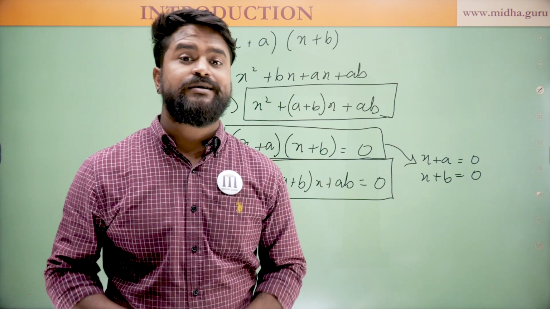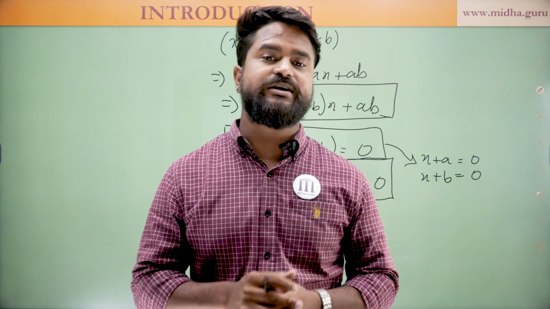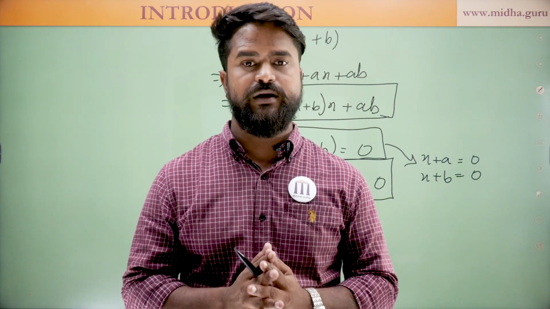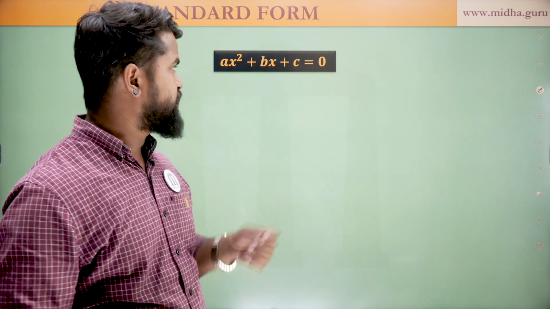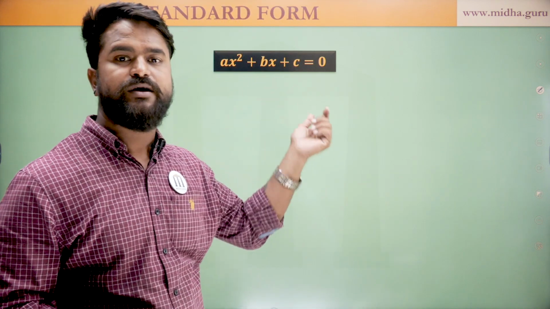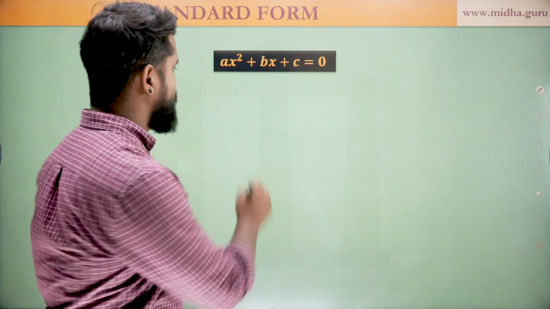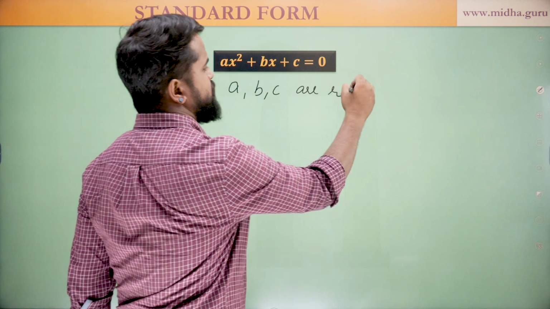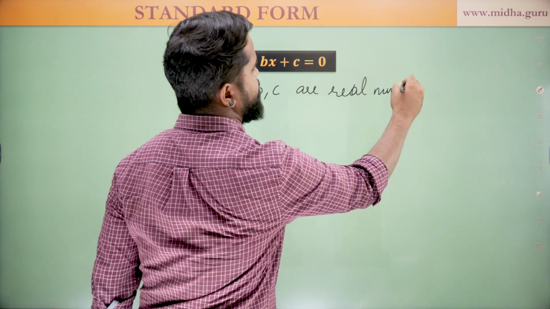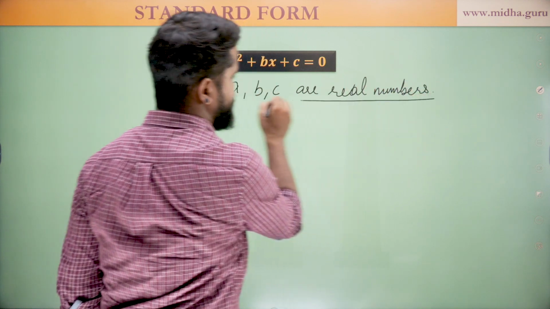Now we will move on to what actually a quadratic equation is, how it looks and what its standard form is. It looks very much like this equation on the board. It says ax squared + bx + c is equal to 0, where a, b and c are all real numbers.